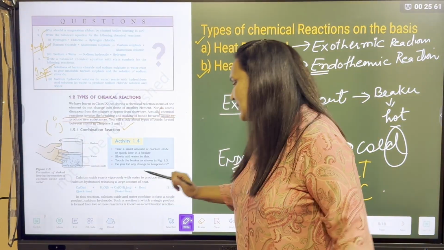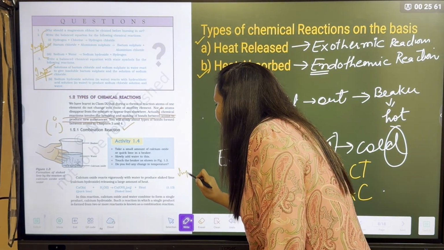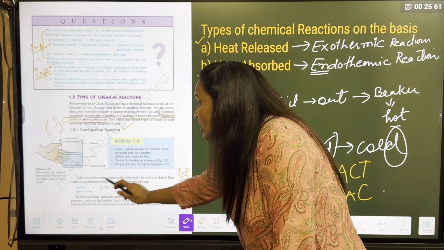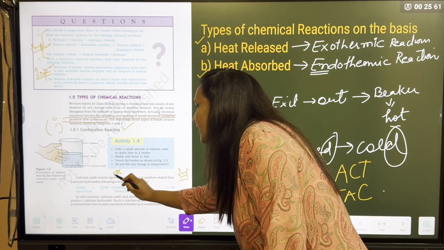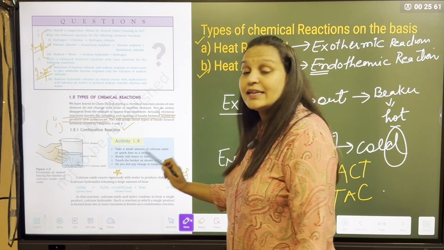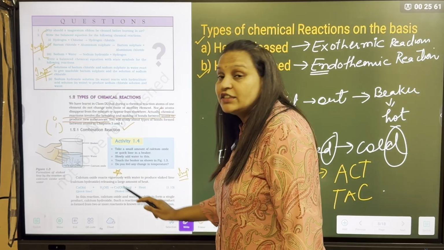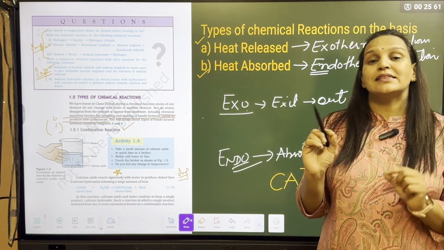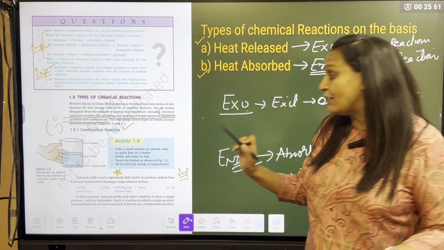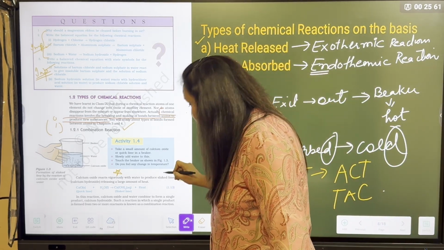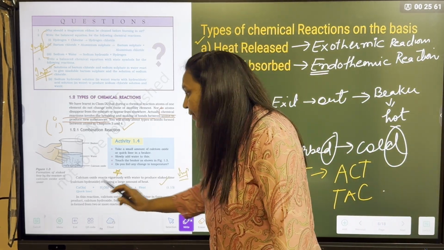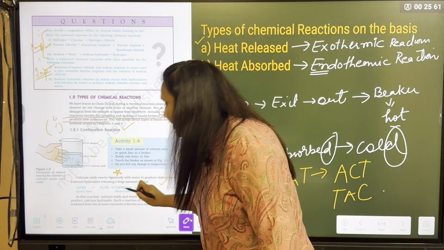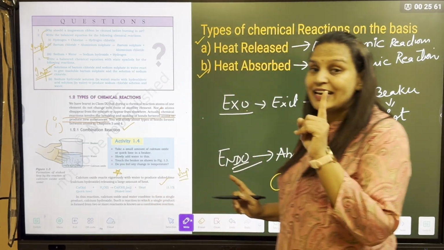See, here is the example. This is a very important reaction. Please remember, vigorously is a star word. Which is the right statement? Calcium oxide reacts vigorously with water to produce slaked lime. What is another word for slaked lime? Calcium hydroxide, releasing heat.